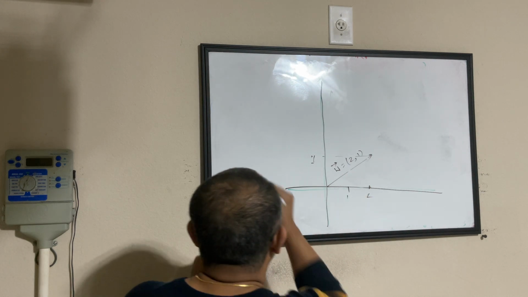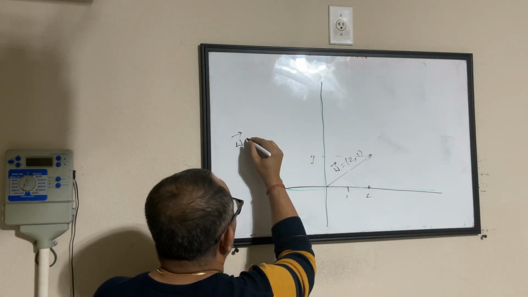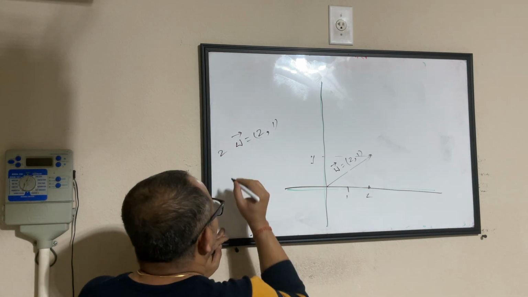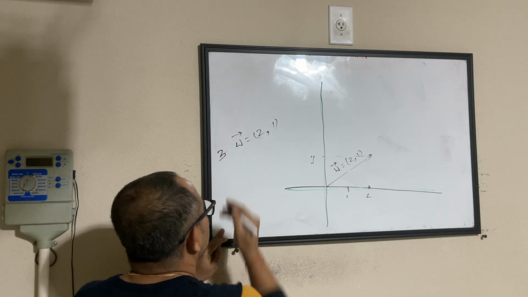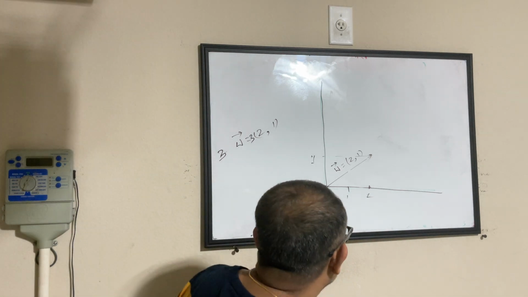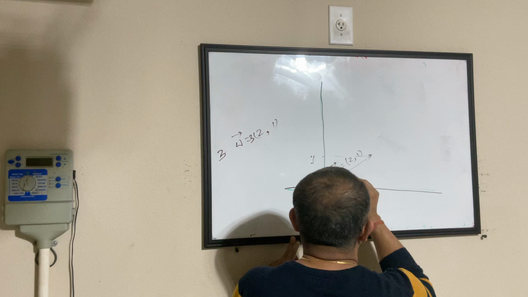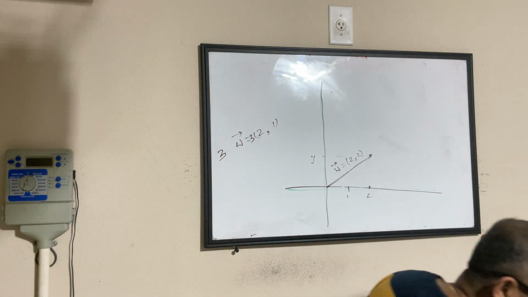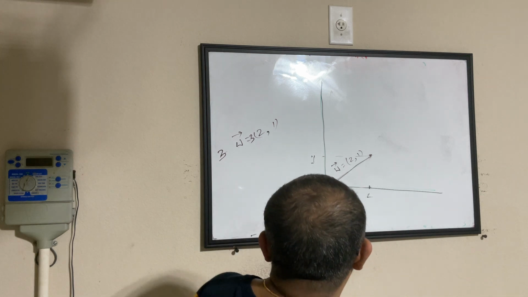If I multiply this vector W with 2, or let's say 3, so I'll multiply by 3 here. Let's see what will happen. So this was my original vector W. Now multiplying this vector by 3, what will happen?